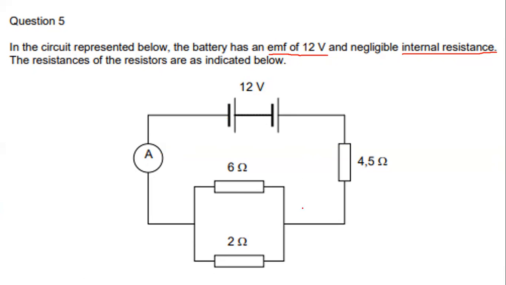Secondly, the definition of internal resistance. We know that internal means inside. And that is why when we define the term internal resistance, we say it is the resistance inside the cell when current flows through it. So if I were asked those two definitions, then I would have had 4 marks altogether.